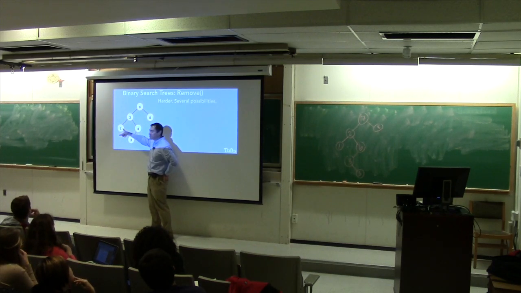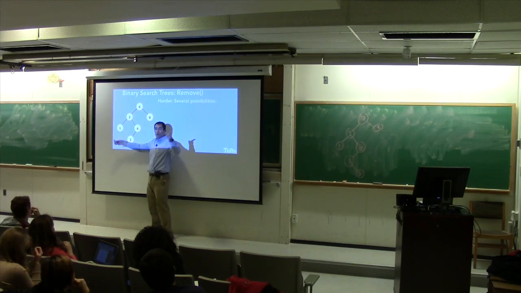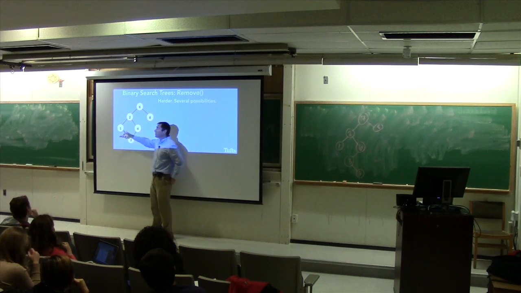OK, what is special about the 1 if it's the greatest one on the left? I think you're absolutely right, but what's special about the 1? It's not going to disrupt the tree because everything else is going to be less than it. Well, OK, let's be even a little more low level.